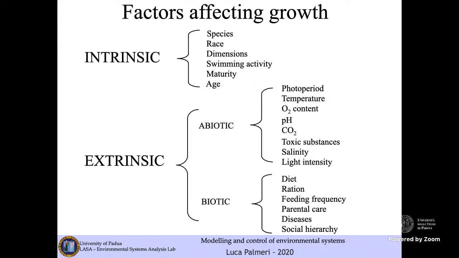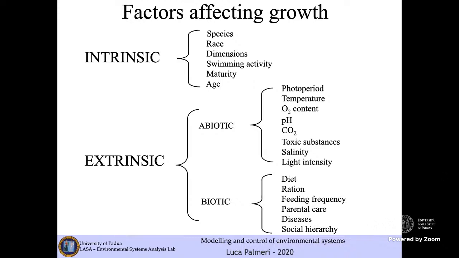Presence of other gases or other elements like carbon dioxide or toxic substances, or the quantity of salt, so salinity, and light intensity. And as we will discuss, I think Friday, light intensity is also a factor that has to be modeled in order to include the effect of the surrounding environment on the process of primary production.